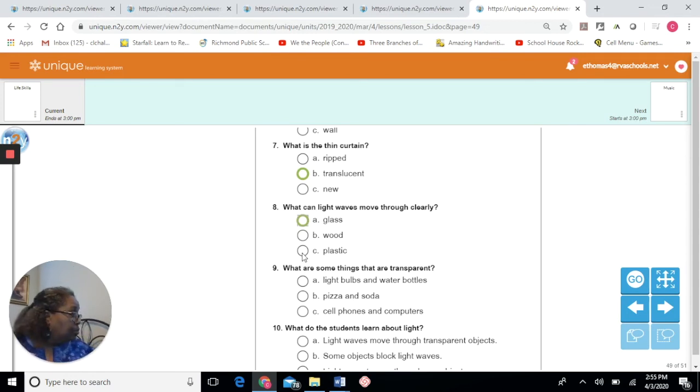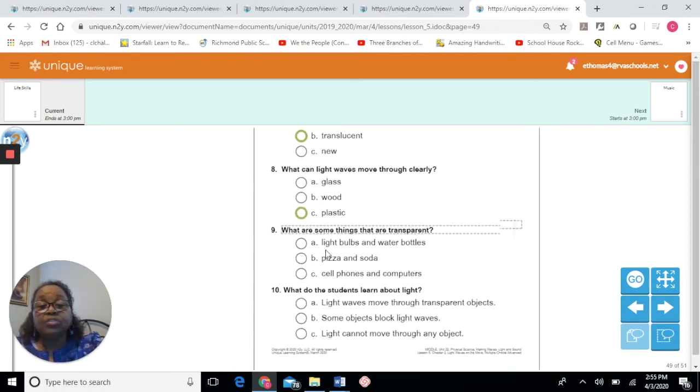If you drink a soda and you hold the plastic up, can you see through it? Let's see. We were right. Two of these answers were correct, glass and plastic. What can light waves move through? Glass and plastic. Very good. There were two answers for that.